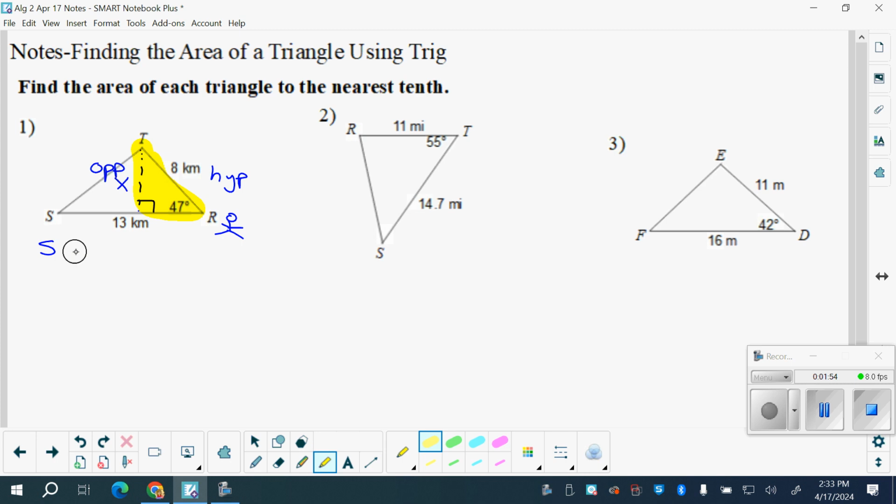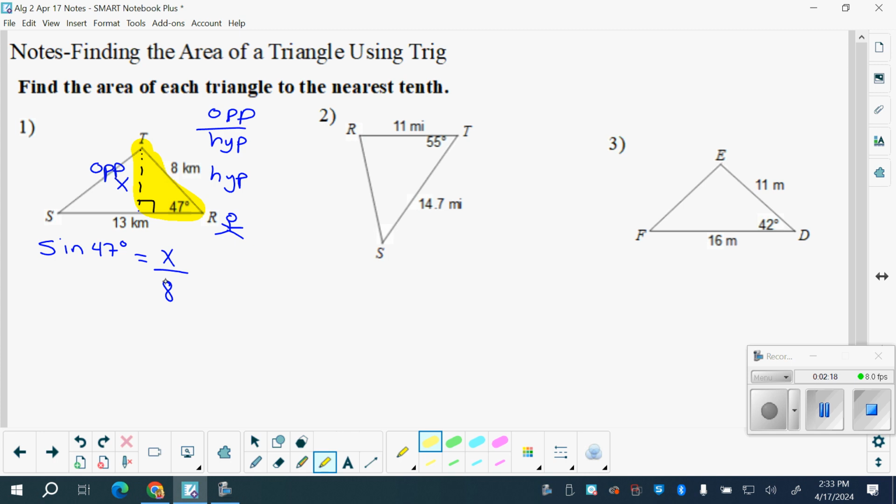Okay, so we're going to do sine, right? So we're going to do sine of 47 degrees, opposite over hypotenuse. So the opposite from that is going to be x, and then the hypotenuse will be 8. Does that make sense so far? So what do we do to find x?